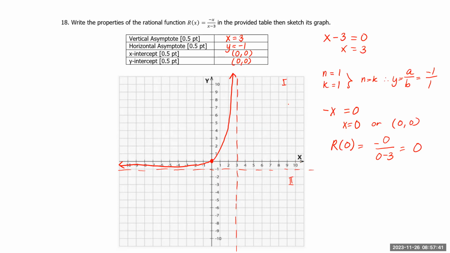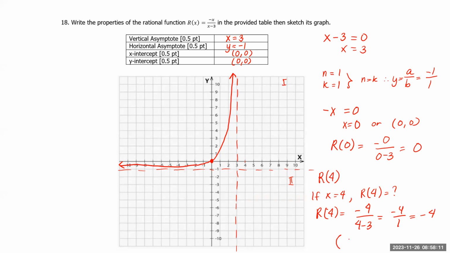To test that, we need to check the value of r of 4. If x equals 4, what is r of 4? Substitute x equals 4 in the original one. So r of 4 is negative 4 divided by 4 minus 3. So this is negative 4 over 1, negative 4.